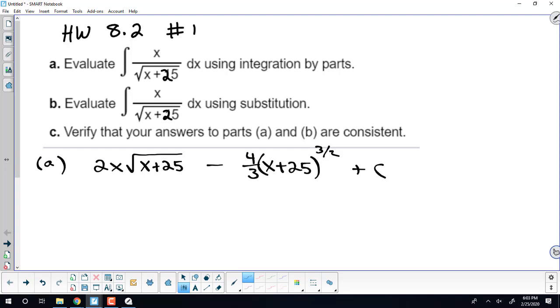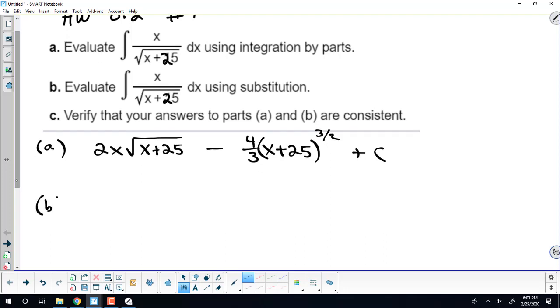Did I write it down correctly? Yeah. Okay, and then for part B, it was 3/2 times the square root of x plus 25 times (x minus 50) plus C. Is that right? That's about right. Yeah, it seems about right. Okay.